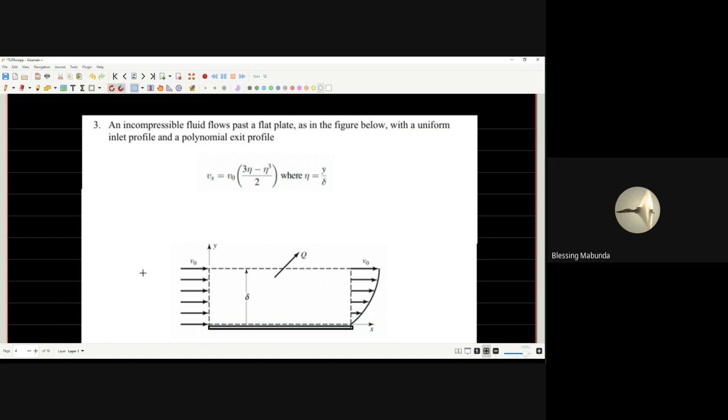All right, so we have an inlet profile and a polynomial exit profile with Vx, this being the velocity along the x direction, being equal to V naught multiplied by (3 eta minus eta cubed) divided by 2. And that's where our eta here is equal to y divided by delta here, which is the boundary layer thickness.